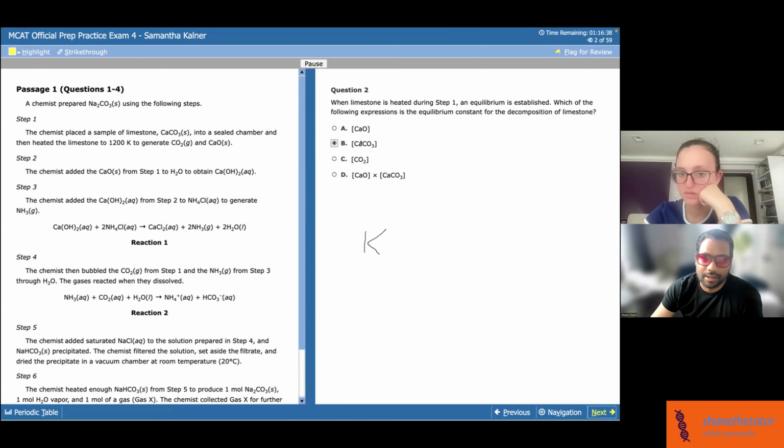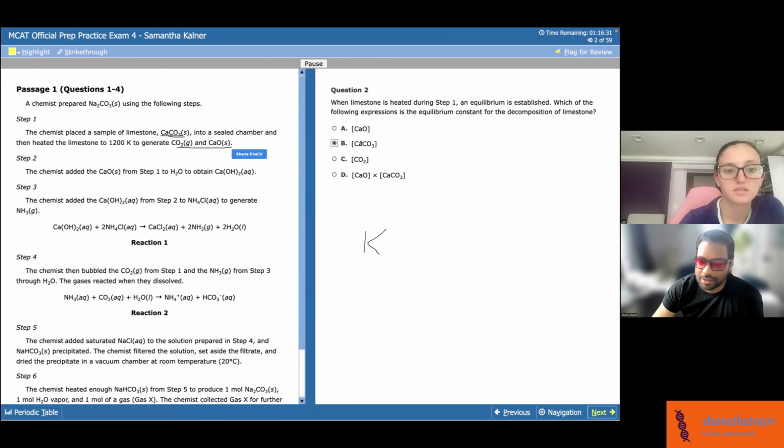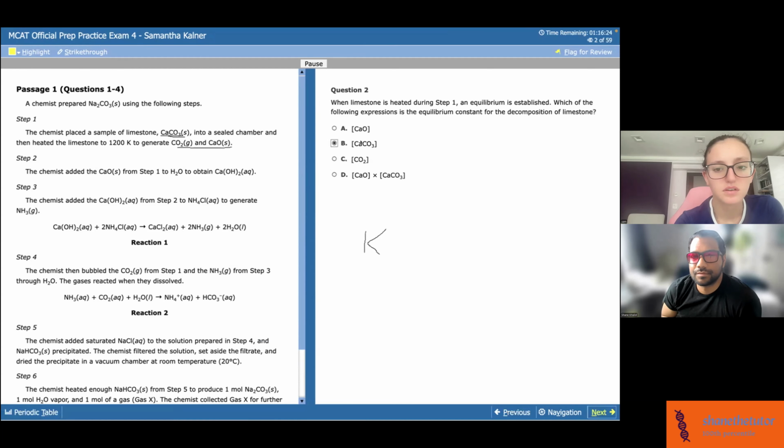If you looked at step one, they have this turning into these two things. Which of these counts as a pure substance? What's a pure substance? Is carbon dioxide a pure substance because it appears in nature?